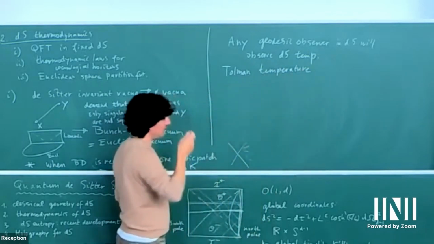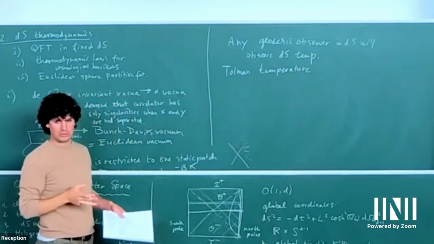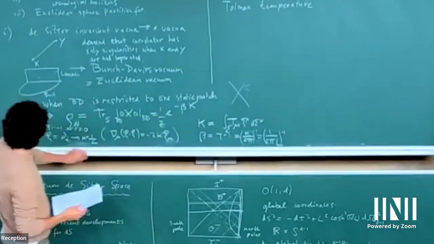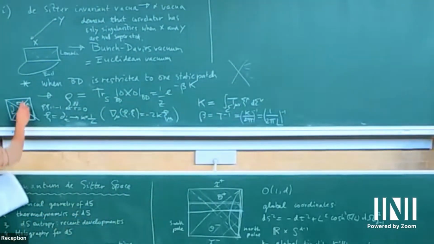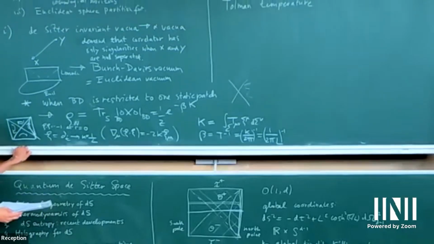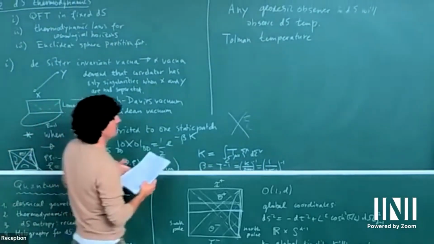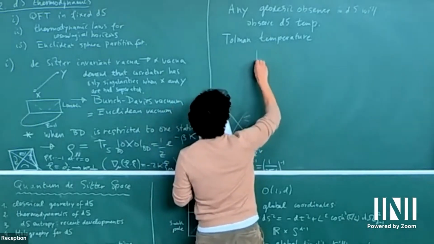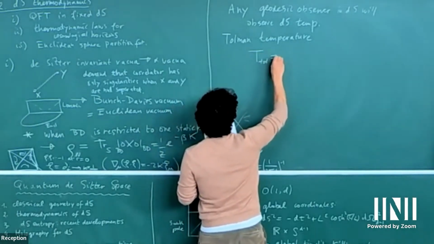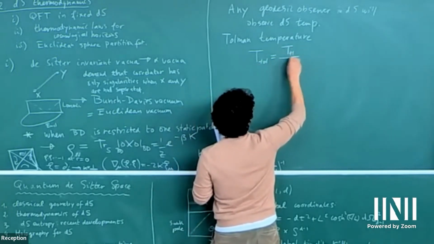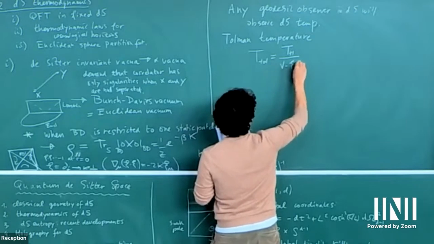If you consider an accelerating observer, an observer that stays at some constant r world line, so that's accelerating, then that observer will observe the so-called Tolman temperature, which is related to this earlier temperature, called H, divided by the norm of psi.